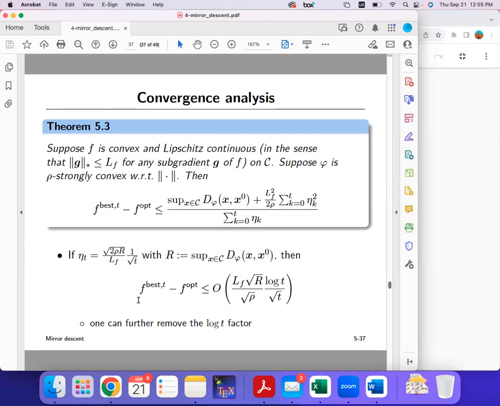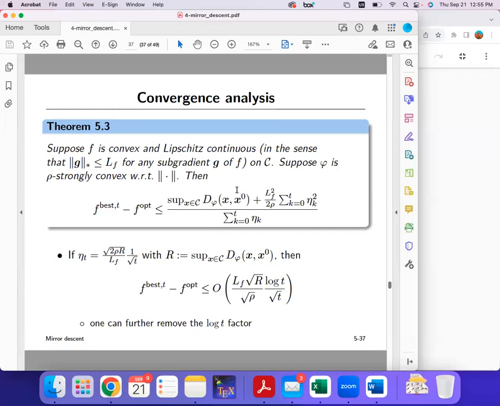And this is the convergence result. It's similar to the subgradient method. So we are looking at the minimum function value achieved in the first t iterations compared with the optimal function value. Okay. And this gap is controlled by the right-hand side.